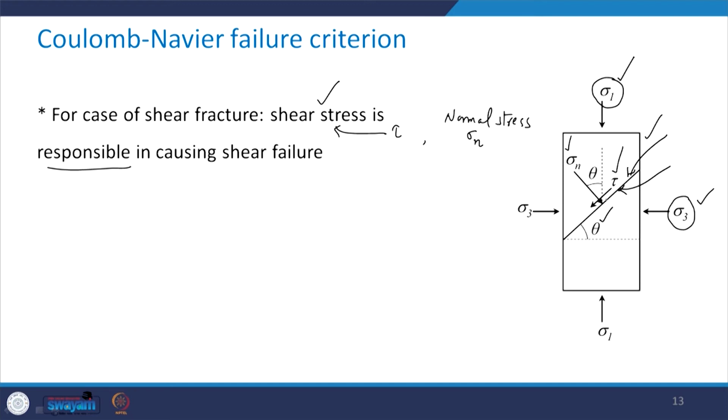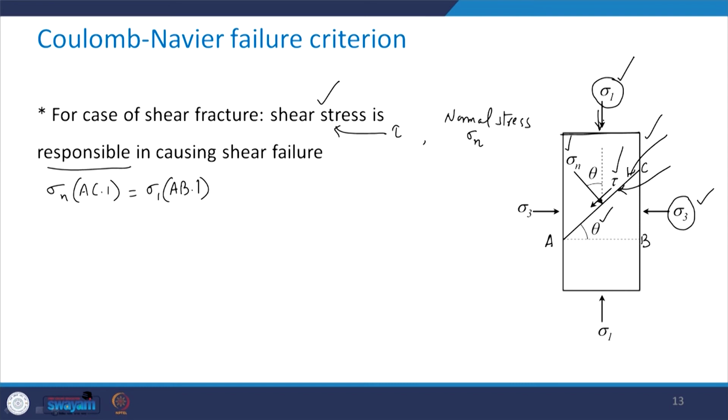How? Let us see. So here we have that sigma n is acting. Say this is point A, this is point B, and this point is C. So we will have sigma n into AC into 1, that is equal to sigma 1, and this sigma 1 is acting on this side, which is AB. So that is going to be AB into 1, and it is acting in the vertical direction.